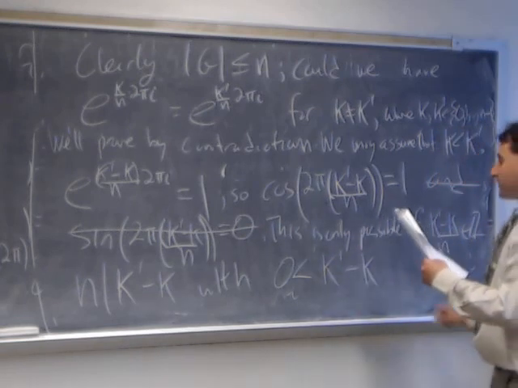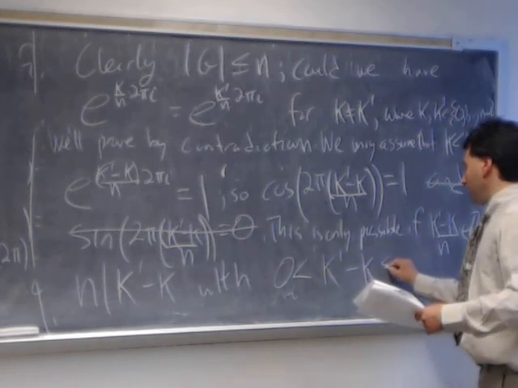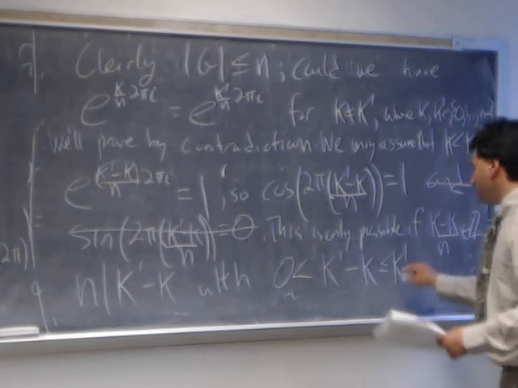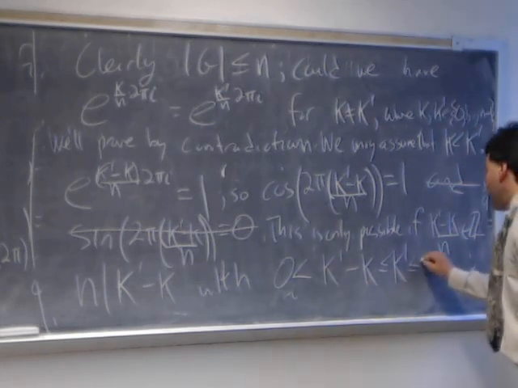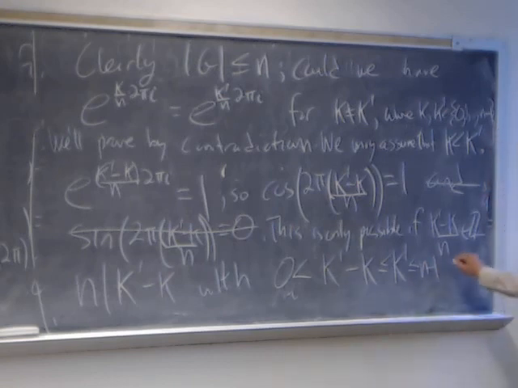And yet it also has to be less than or equal to K prime, because K is positive. But K prime is less than or equal to n minus 1, which is strictly less than n. So I think if you look hard enough there, you've got a contradiction, right? Because you've got n dividing a positive integer that's less than n.